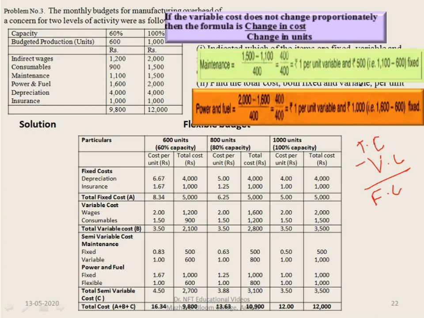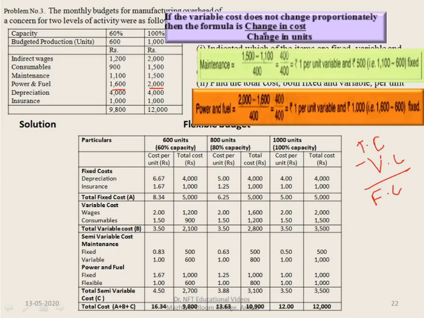In the same way, for power and fuel also, the cost of power is 1600 for 600 units, and for 1000 units it is 2000. So it does not change proportionately.